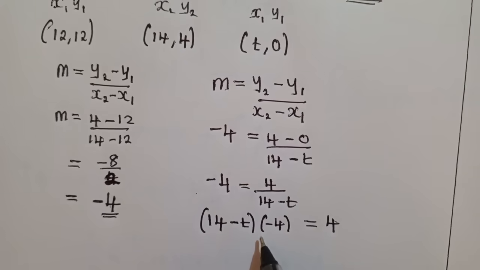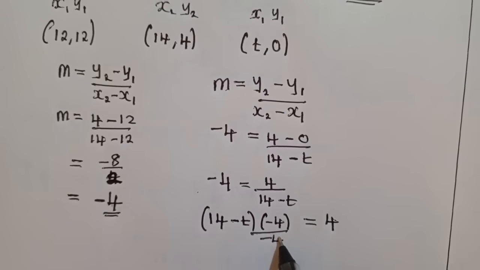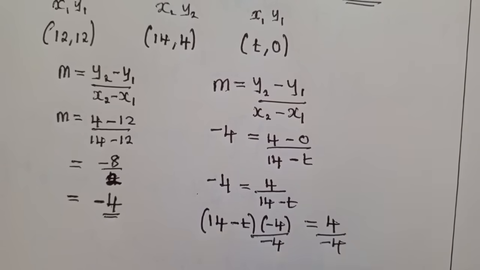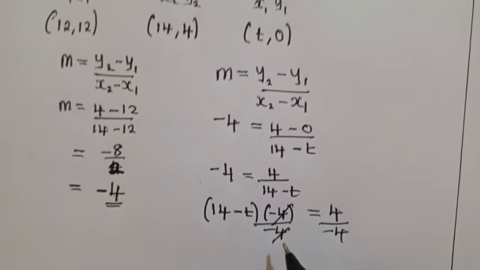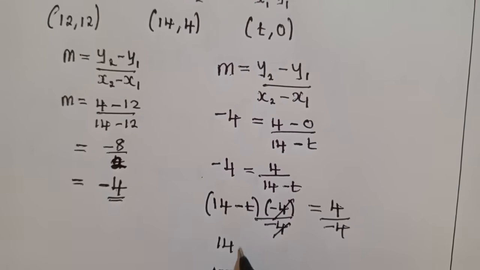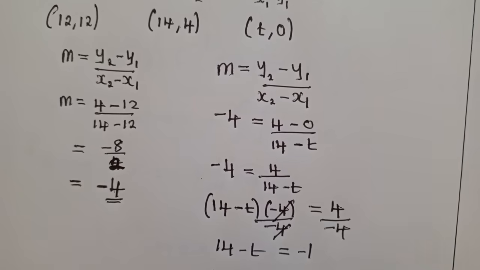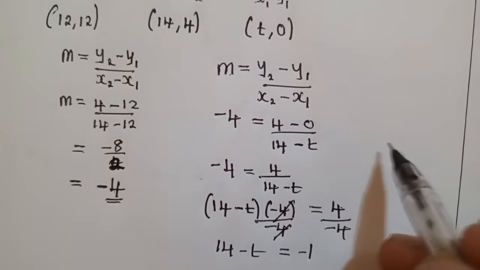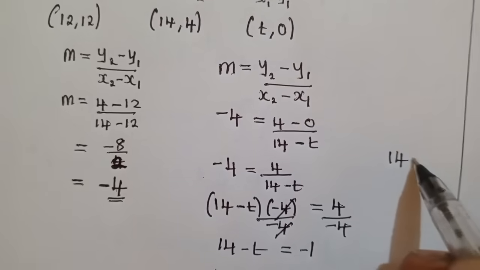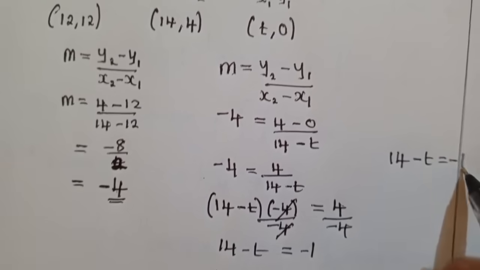If you don't want to waste much of your time, you can even divide by negative 4, since it's multiplication, of which this and this will go. We shall remain with 14 minus t is equal to negative 1. You solve this equation. Let me write it down here. So we have 14 minus t is equal to negative 1.